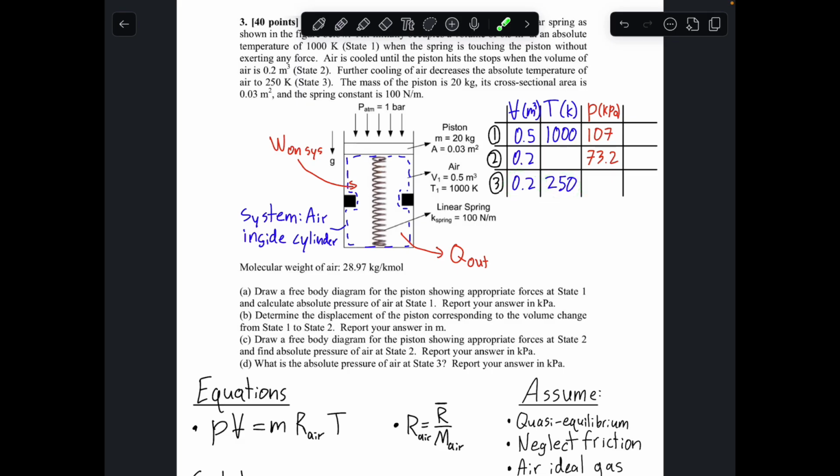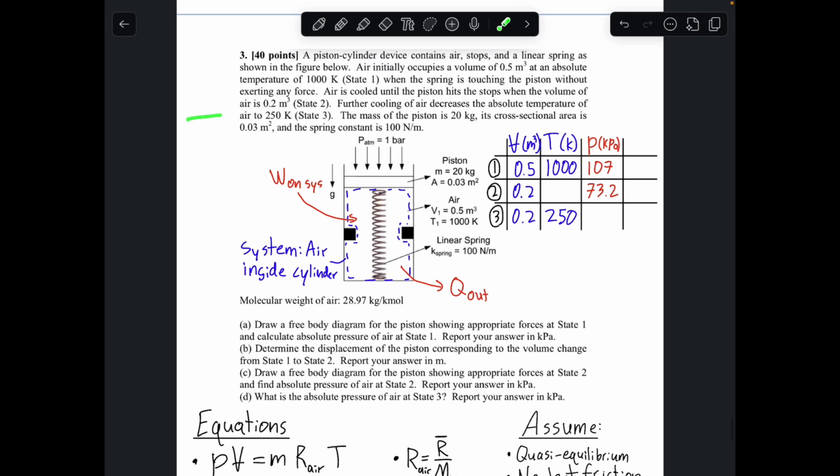And then if we scroll up to our table, we have V3 and T3. But remember, V3, they didn't give us explicitly in the problem statement. We had to do some thinking to find it, and that was from when I was setting up the problem. So if you missed that, remember, they don't explicitly give us the volume in the problem statement, but what they tell us is that the piston hits the stops at state 2. So it's sitting right here, and then from state 2 to state 3, they're taking heat out.